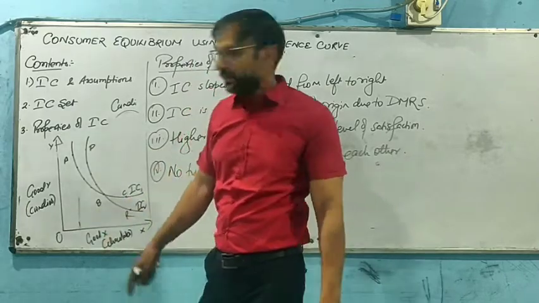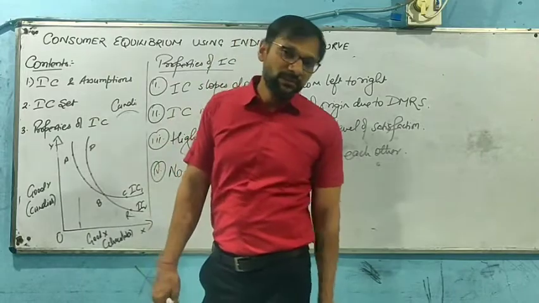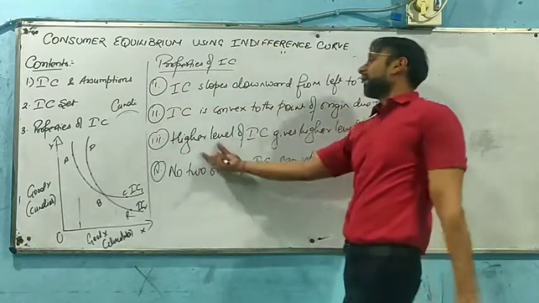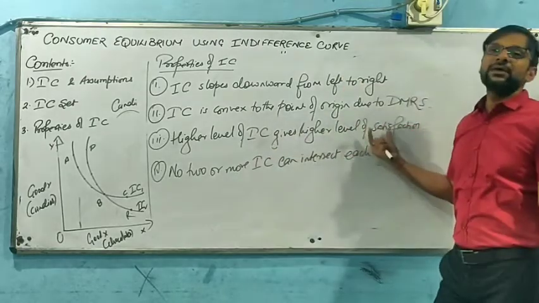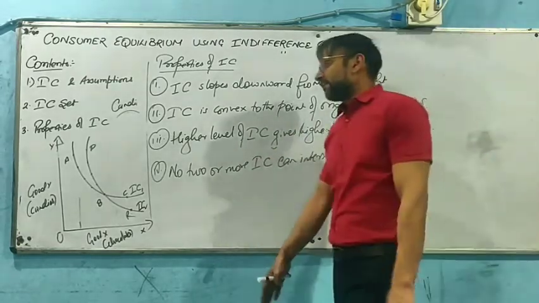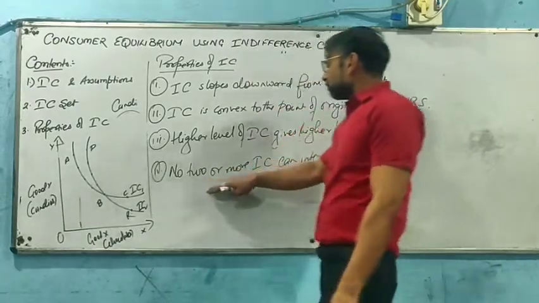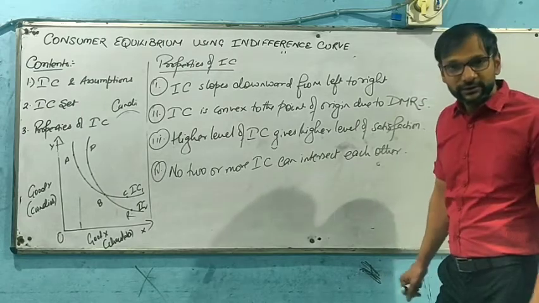So we can say both are giving the same level of satisfaction. This cannot be possible, since we have seen higher level of IC gives higher level of satisfaction. It means we can conclude no two or more IC can intersect each other at any point.